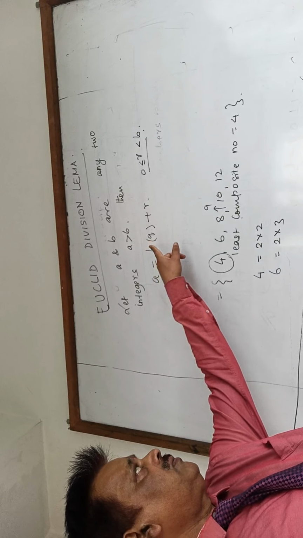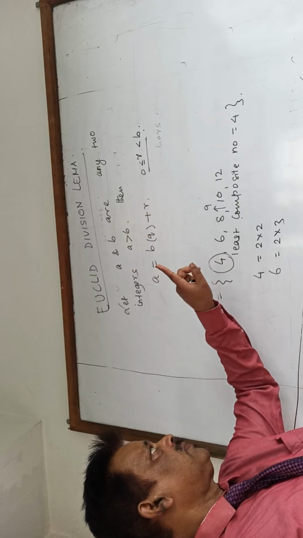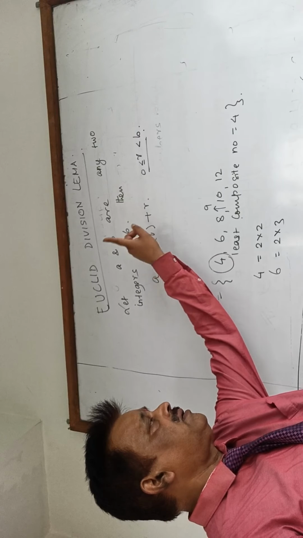A equals BQ plus R, where A is greater than B.